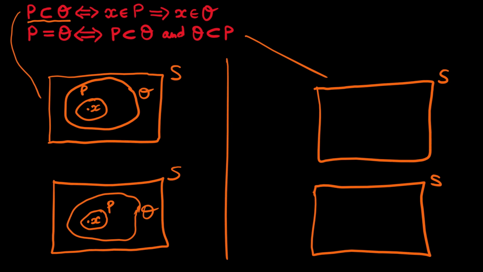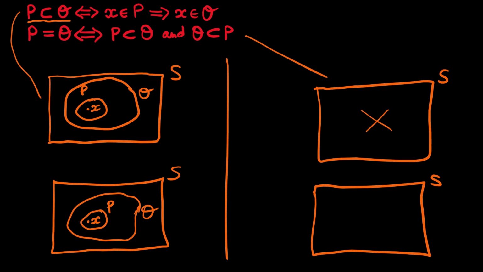Now the second definition says what? There isn't much we can draw for P and Q to be equal. I mean, we know what that means. We'll have to draw P and Q to exactly overlap.